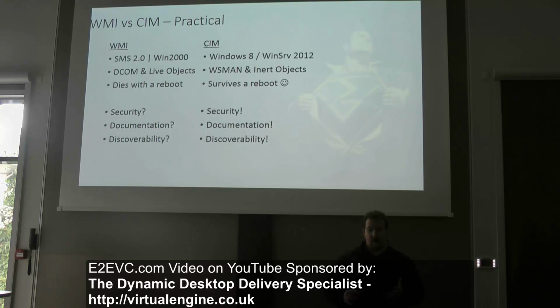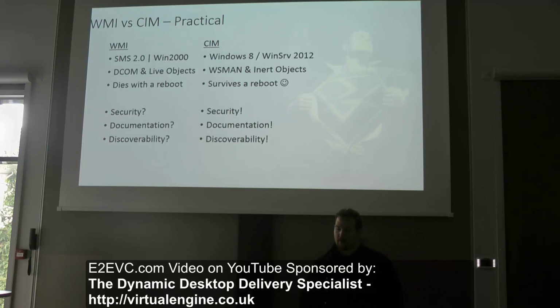So WMI uses, like I said, DCOM, not very firewall friendly, and the three bullets I put underneath: DCOM, no security. Documentation is terrible. Discoverability, none whatsoever. So WSMan is pretty well documented. Security. Do you want SSL? Do you want encryption? It's all there.